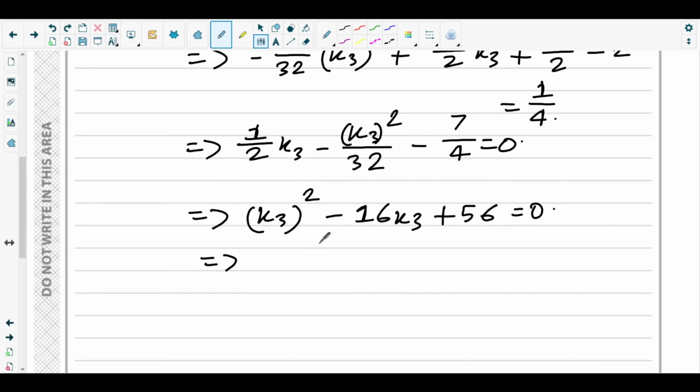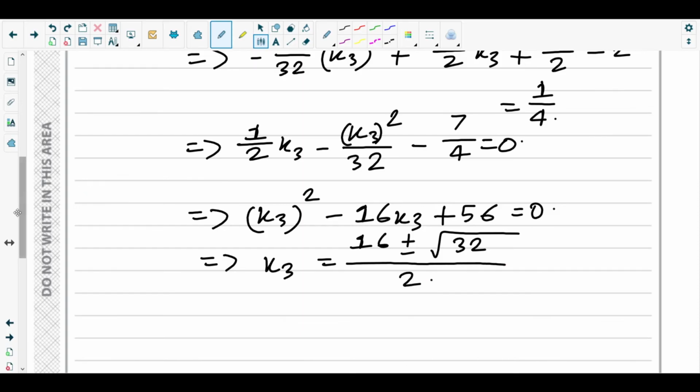Okay. So now is it possible to factor the middle term? 4 times 14. No, it's still not possible. So x3 equals minus b. Let's use the quadratic formula. So b squared is 16 squared minus 4 times 56. Okay. So this is exactly 32 over twice of a.